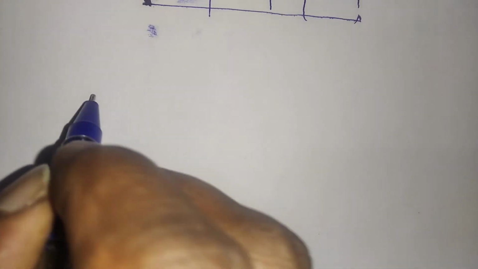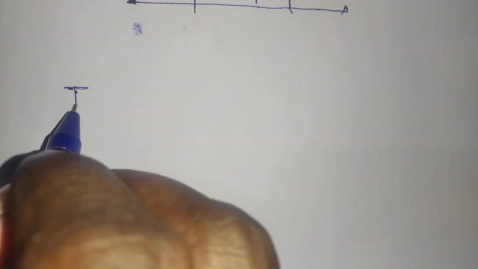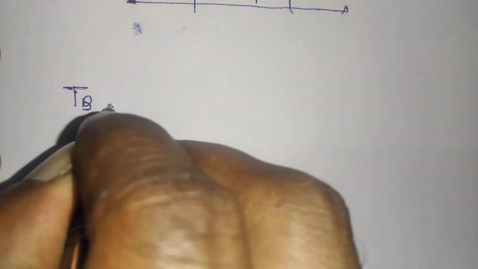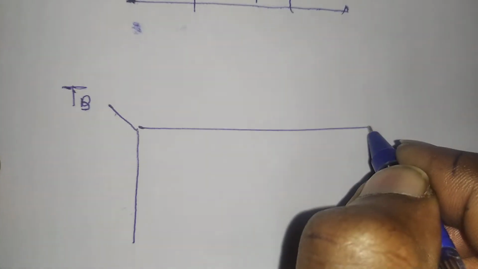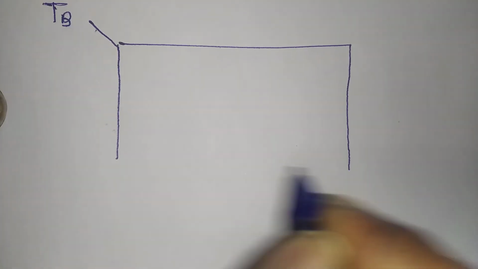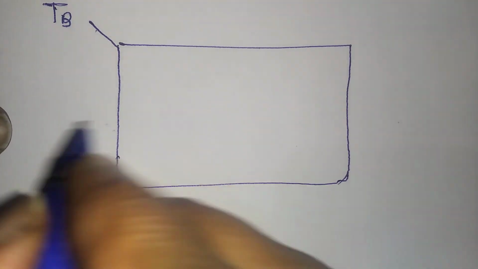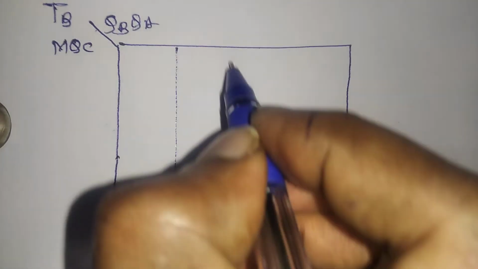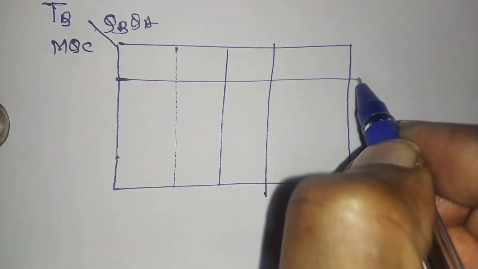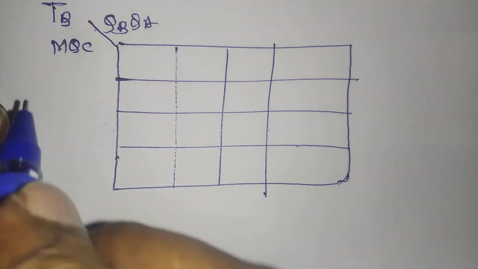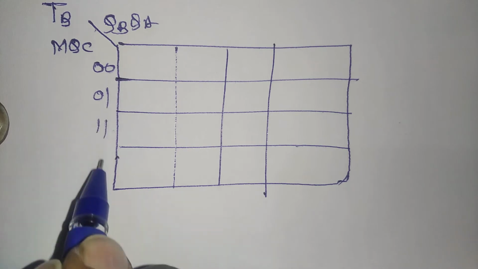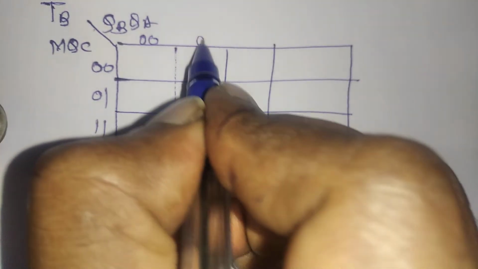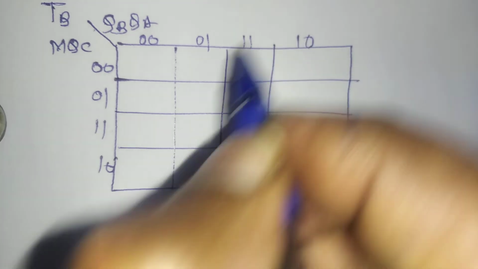Okay, so TB, M, QC, QB and QA. Okay, 0 0, 0 1, 1 1, 1 0.